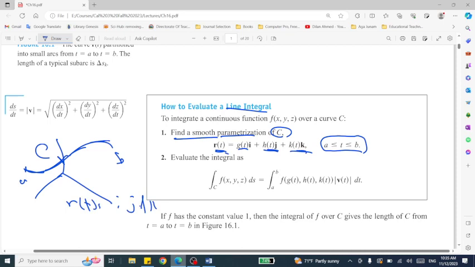Then, how to evaluate the integral? This is the integral. We are going to use dt as I told you before, and we are going to change ds to |v| dt. v is the velocity, the vector. How to calculate it? Like that. You have a vector.